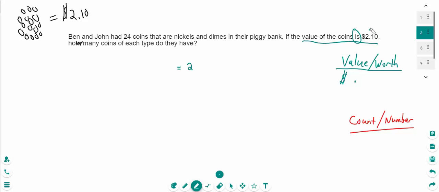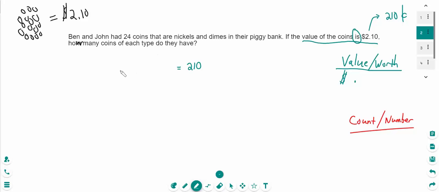Isn't this equivalent to 210 cents? So we're just going to write it as 210, remembering that this is in cents, not in dollars and cents. That way we're not having to worry about this decimal point.